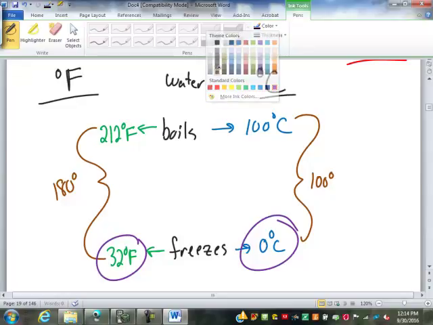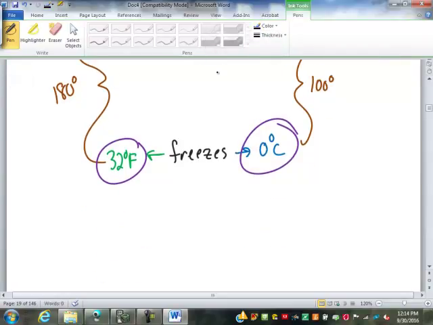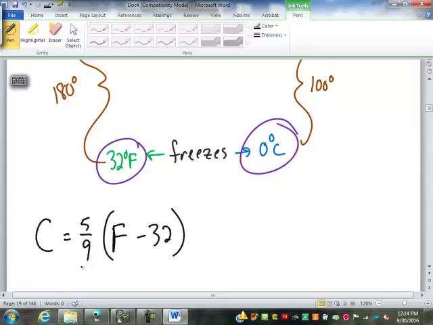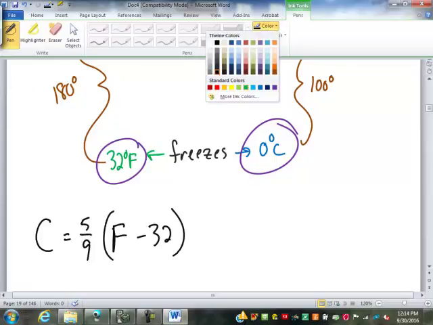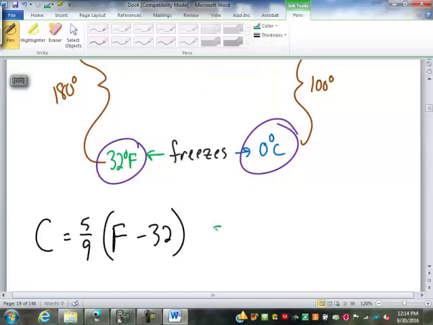And we talked about the formulas last week a little bit. If I have the temperature in Fahrenheit and I want to know the temperature in degrees Celsius, I take my degrees Fahrenheit, I subtract 32 from it, and I multiply it by 5/9. So let's say today, what's the high going to be? Around 80 degrees today? So it's 80 degrees Fahrenheit.